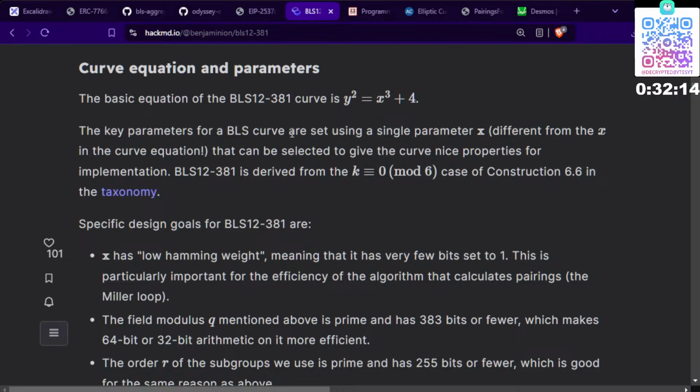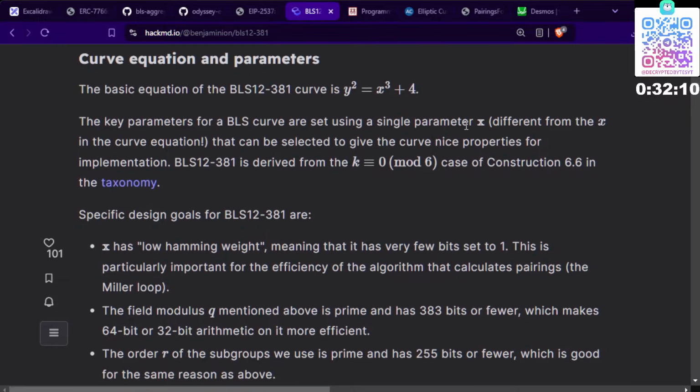The key parameters of a BLS curve are set using a single parameter x, different from the x in the curve equation, that can be selected to give the curve nice properties for implementation.